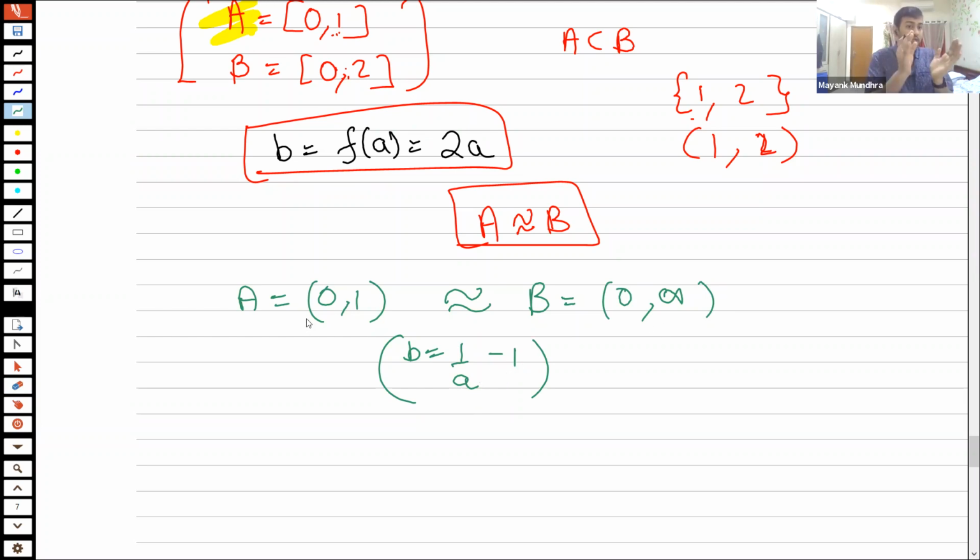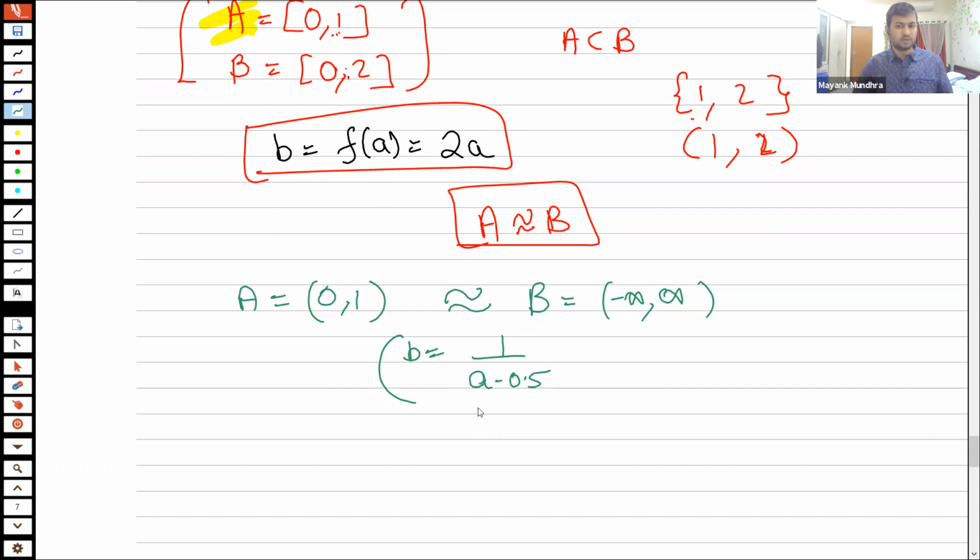So 0 to 1 is a very small line segment, whereas 0 to infinity is the entire thing. But you can construct a one-to-one onto mapping from here to here. In fact, you can construct a one-to-one mapping from here to here; you can just construct it as 1 upon A minus 0.5.